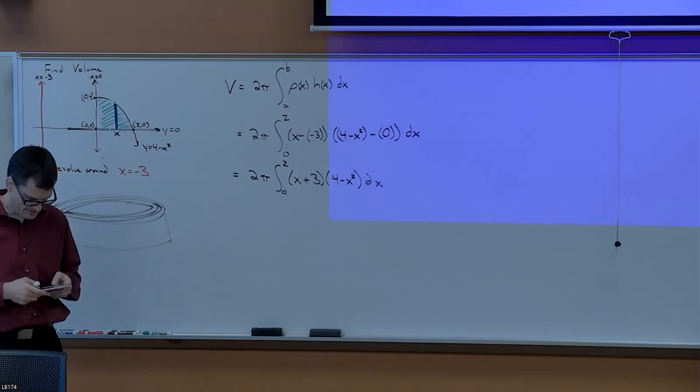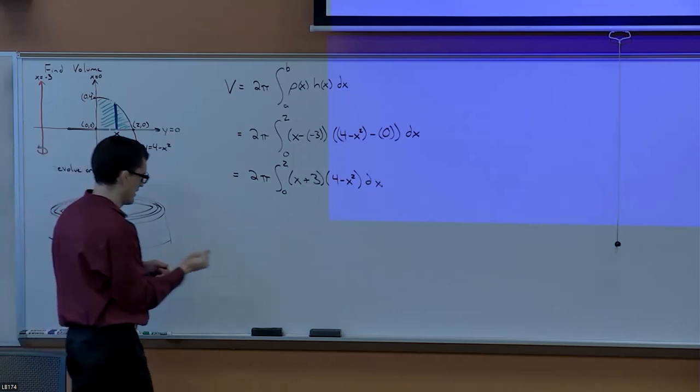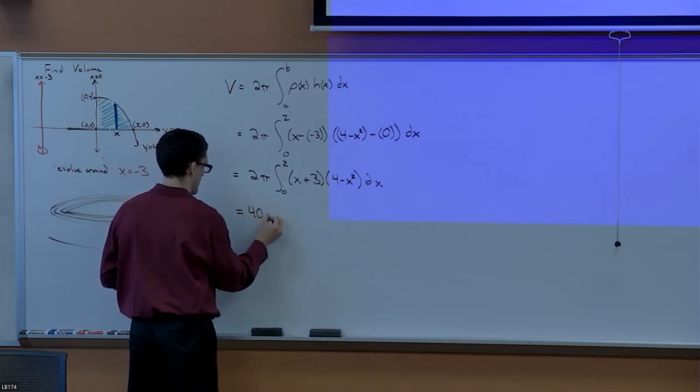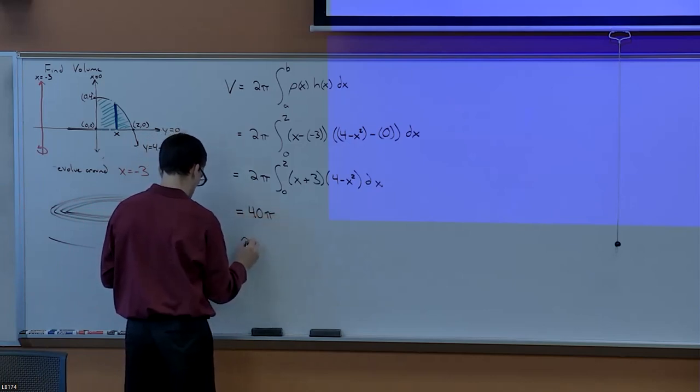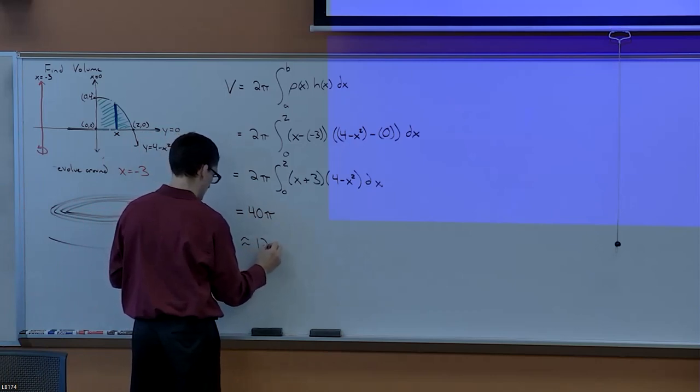And I got essentially 40 pi, which is approximately 125.66.